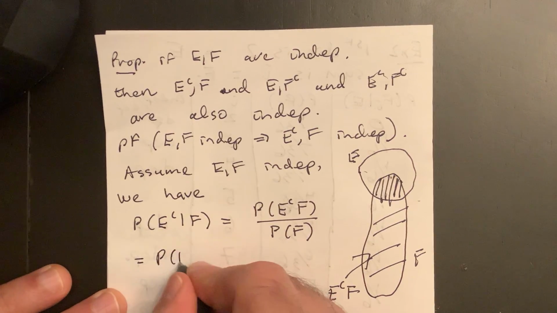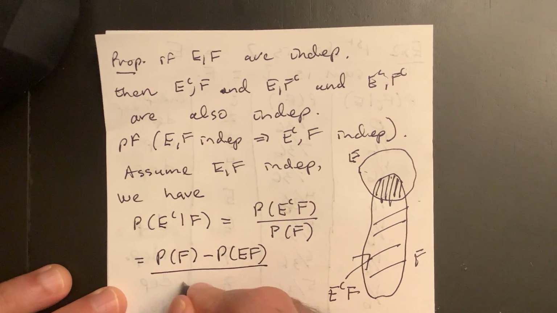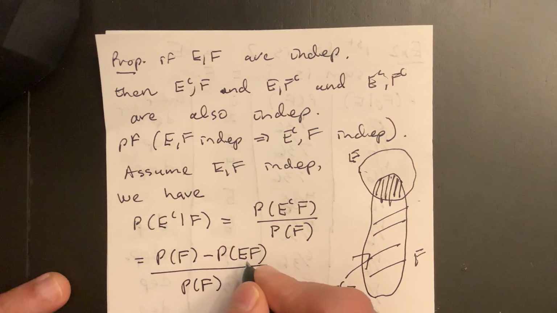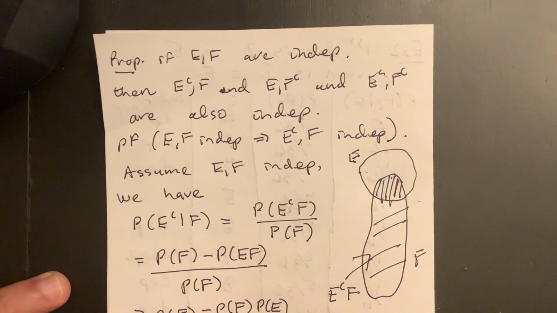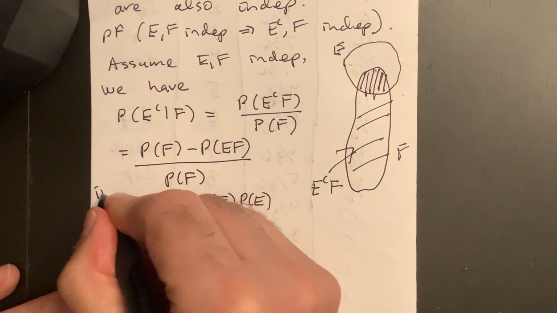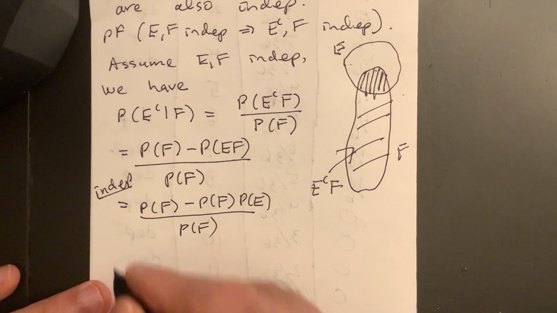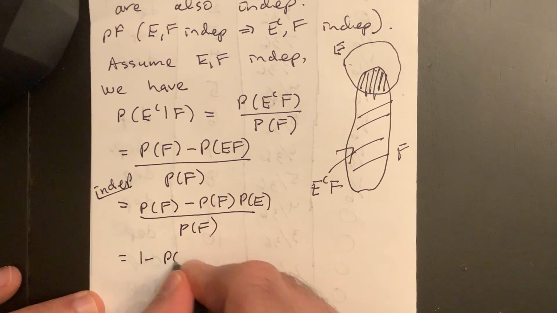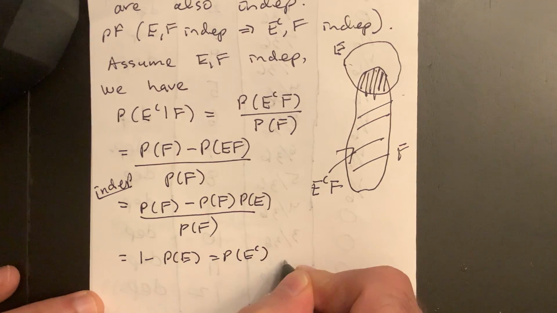So I have probability of F minus probability of EF, over probability of F. By independence, this is probability of F minus probability of F times probability of E, over probability of F. This is from independence, our hypothesis in the proof, and then I cancel the P of F everywhere, and this is P of E^C. So that's the proof.